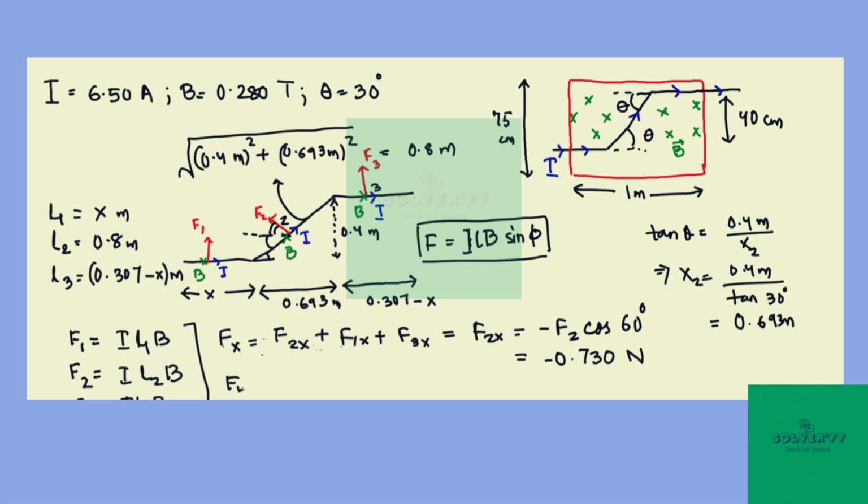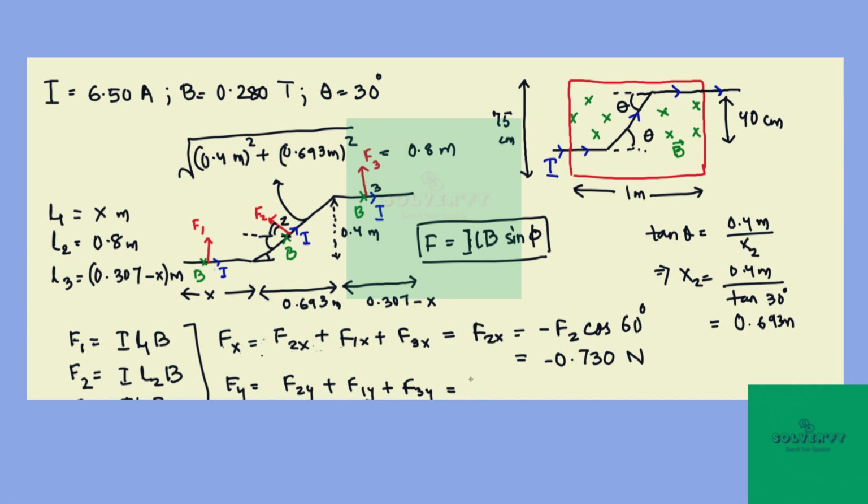Now similarly, Fy is going to be F2y plus F1y plus F3y. Now I'm writing F1 and F3 close together because F1 and F3 point in the same direction, so it's useful to write them together.